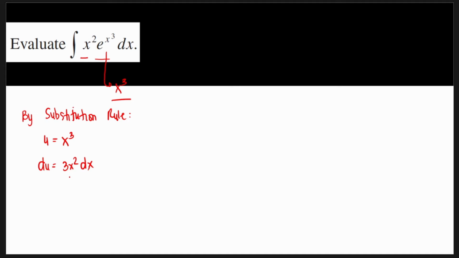From the equation of x squared e to the x cubed dx, we need to replace all the variable x with u, and we have a conversion here with these two terms, and there is a numerical coefficient here.